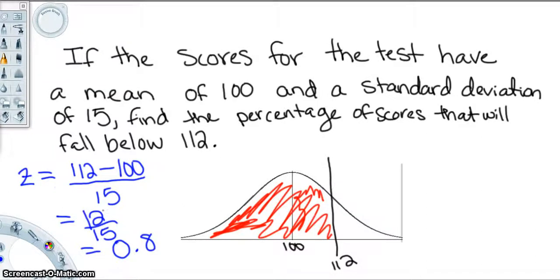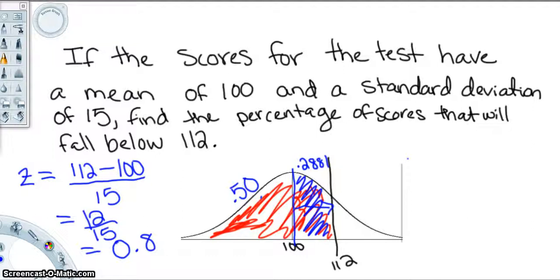Our z value for 0.8 is 0.2881. Remember, that is from the mean to our point. So this area here is 0.2881, and we have this extra area over here still that we need to look at. How much is half of it? Half of it is going to be 0.5 or 50%.